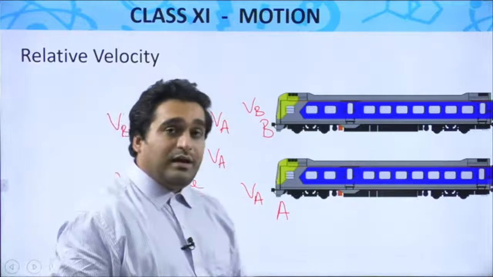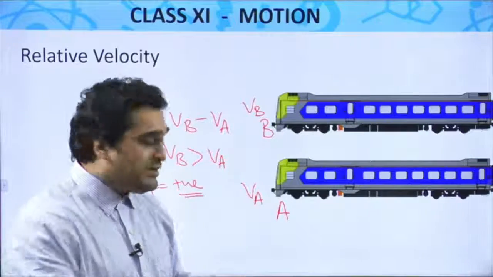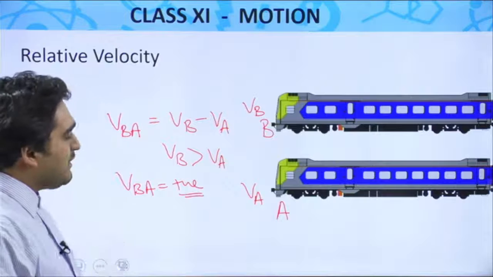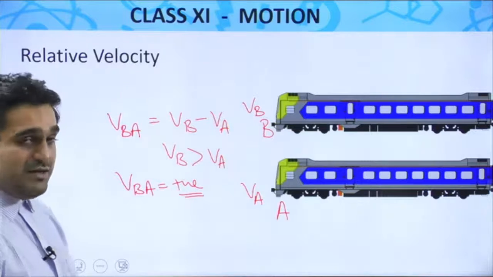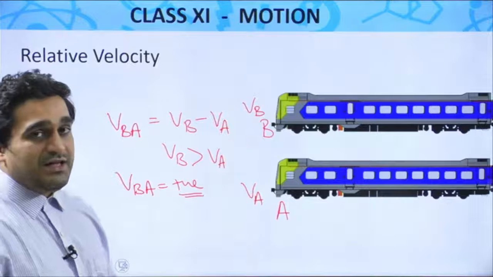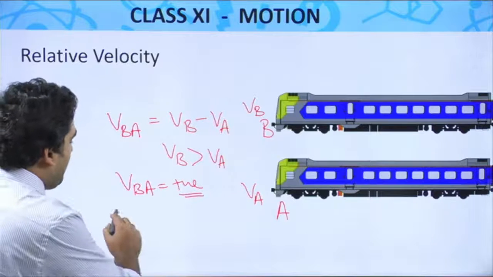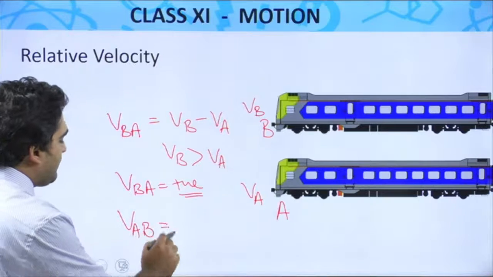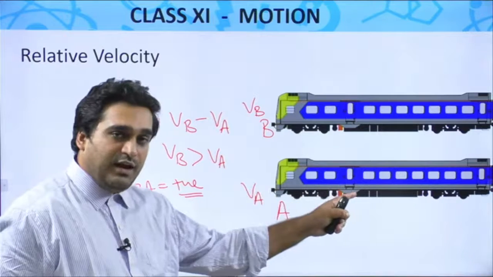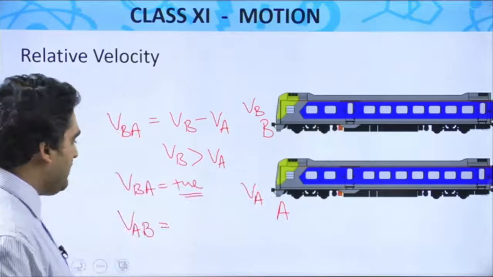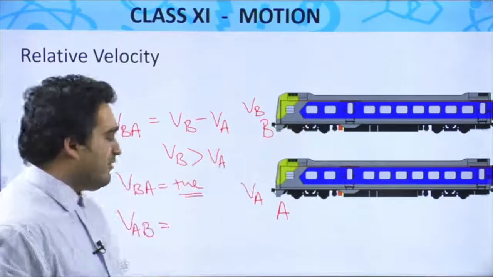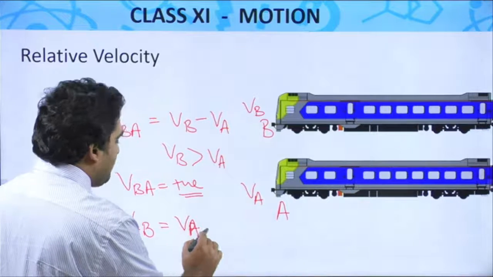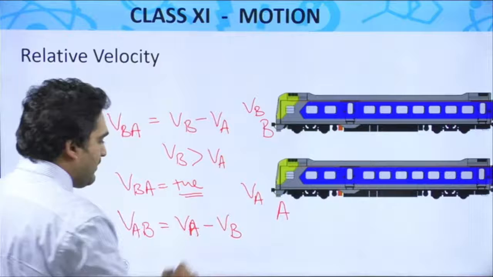And now, if the observation is instead made from train B, what would be its relative velocity? The velocity of train A with respect to train B, because now you're seated in train B, is equal to VA minus VB.